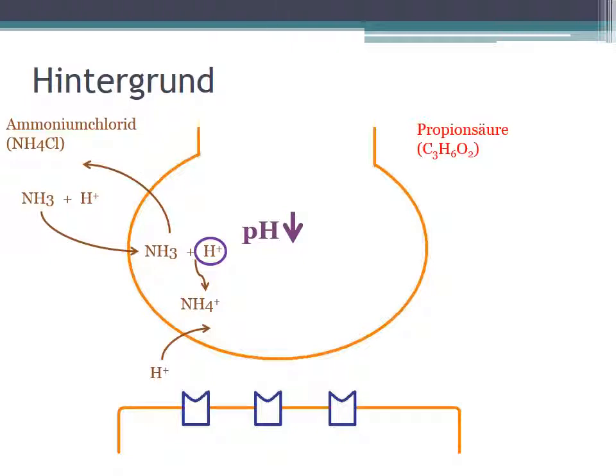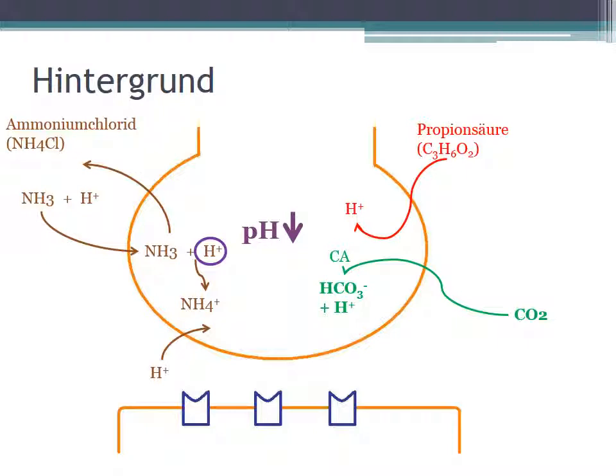One is propionic acid. Propionic acid is just a simple acid that diffuses over the membrane, gives off a proton, and then acidifies the inside of the cell. And the last method you can use is the CO2 method. You just take CO2 and put it in the water, and it will diffuse over the membrane because it's quite lipophilic.